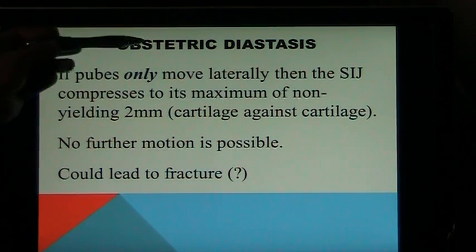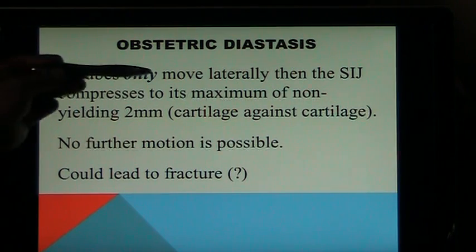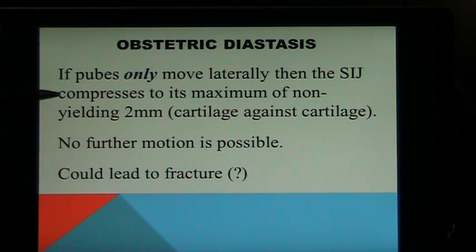So, in describing obstetric diastasis, if the pubes only moved laterally, then the sacroiliac joint would compress to its maximum of non-yielding 2 millimeters. That's the maximal amount that the SI joints could compress, at which point there would be cartilage against cartilage and no further movement. Now, question, could those kinds of forces lead to fracture?